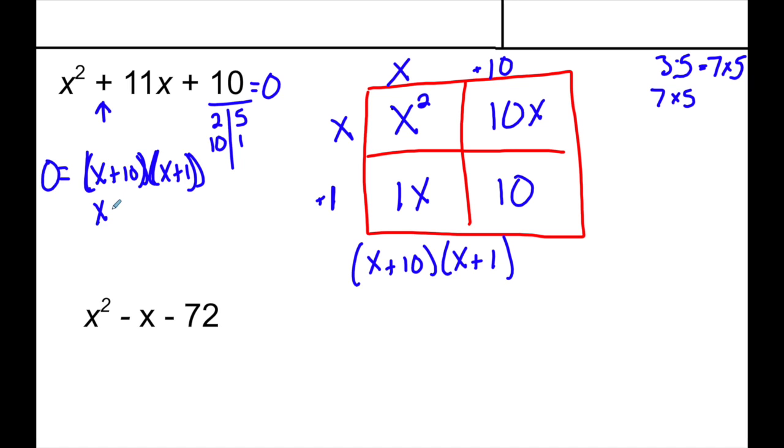So if x plus 10 is 0, x is -10, and if x plus 1 is 0, x is -1. Because if we plug in -10, the left becomes 0, so everything is 0 because you're multiplying by 0. And if x is -1, you get the same thing with the factor on the right.